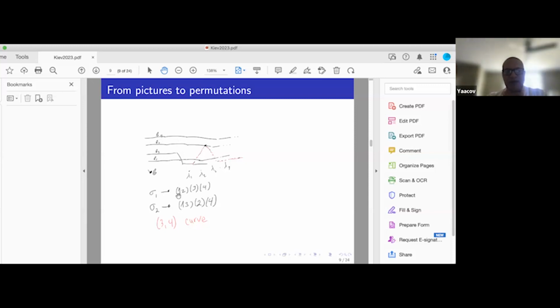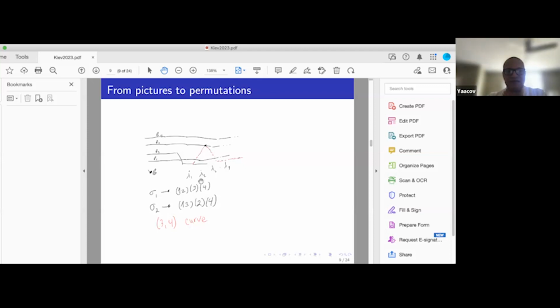So this sigma 1 is going to correspond to the permutation defined by (1 2)(3 4). Now, how do you actually read it from the picture? It's very easy. You have this ordering, and you see that B1 and B2 are coming together, and this is your (1 2). And you see that 3 and 4 are not ramified, so it's going to be (3)(4).